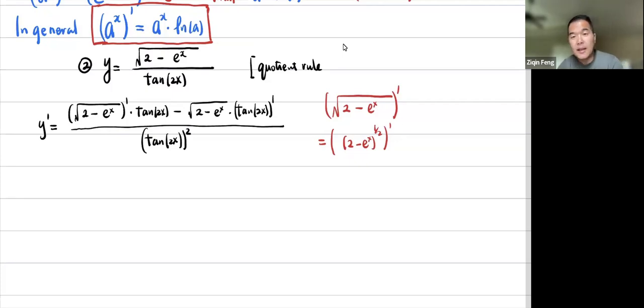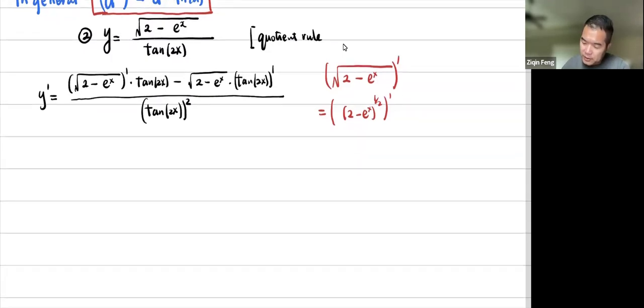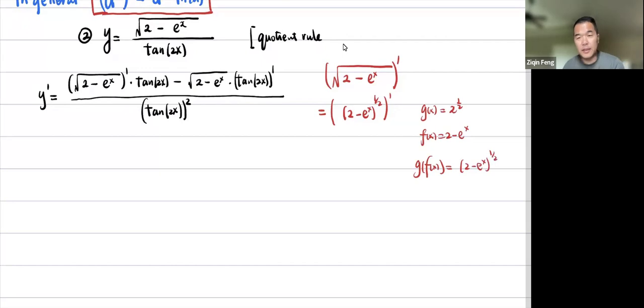You can write g of x as x to the 1/2, f of x as 2 minus e to the x, and so g of f of x is 2 minus e to the x to the power 1/2. So now we can apply the chain rule.